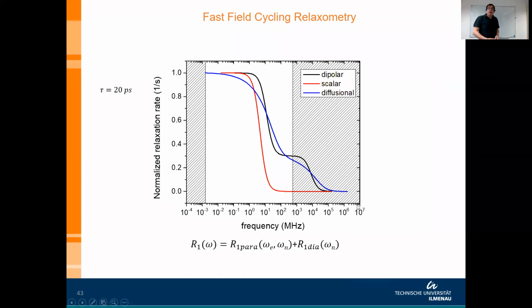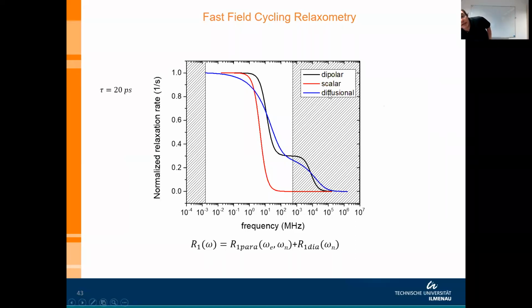And then this is a typical curve that we get when we have, for example, a solvent and then a radical inside. You get this curve where you see in the black curve basically two steps, and these are related basically with the omega tau, where the tau is the dynamic of the system, and the omega is related with the electron Larmor frequency or the nuclear Larmor frequency.